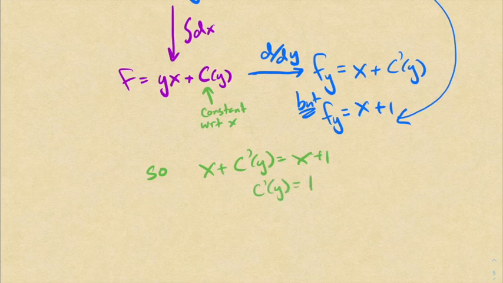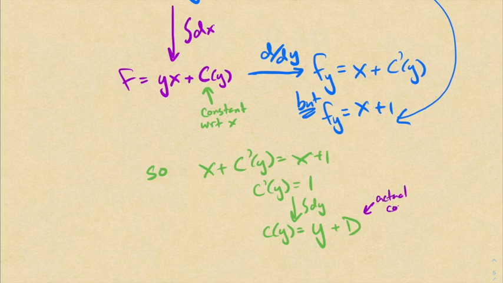Now, one more time, anti-differentiate, this time with respect to y, and say c of y has to be y plus a constant, let's call it d, since we've already used c. And this constant is a legit constant, meaning it doesn't depend on x or y. An actual honest constant.